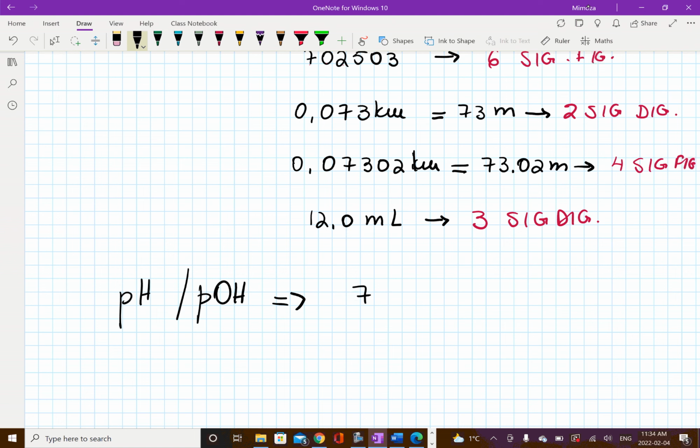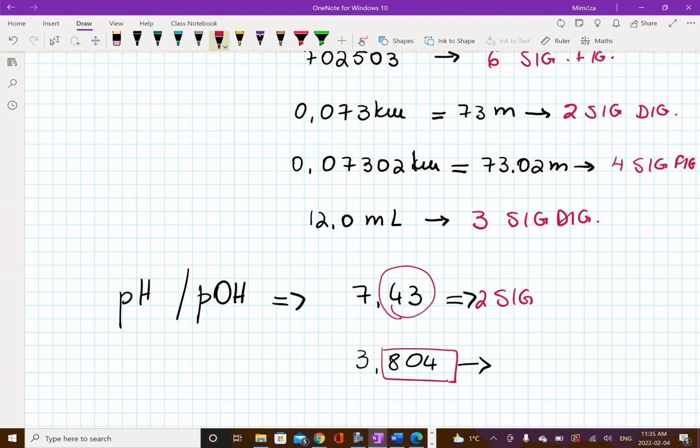So if we have 7.43 for the pH or pOH, then the significant digits in this case will be only 2, because only the numbers after the decimal point are counted. Or if we have 3.804, then the number of significant digits is only the digits after the decimal point, and this will be 3 significant figures.